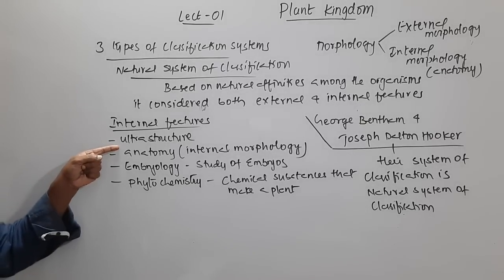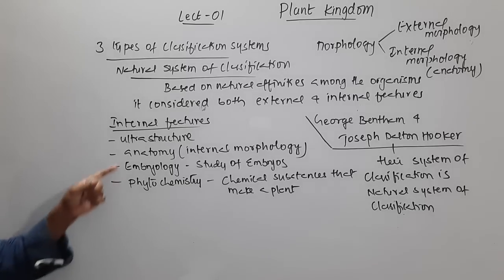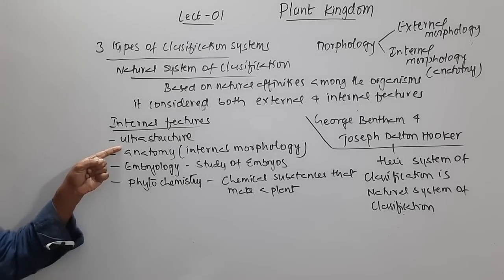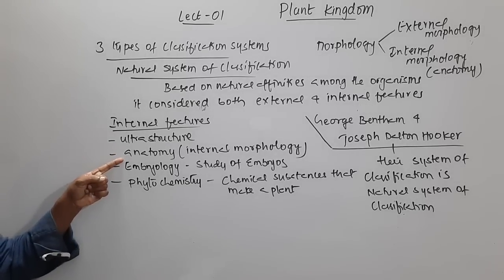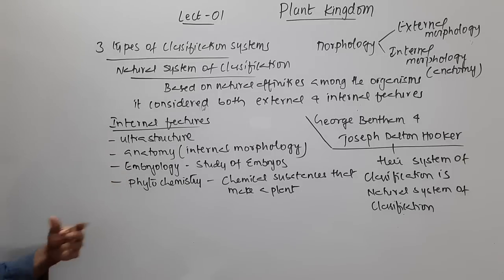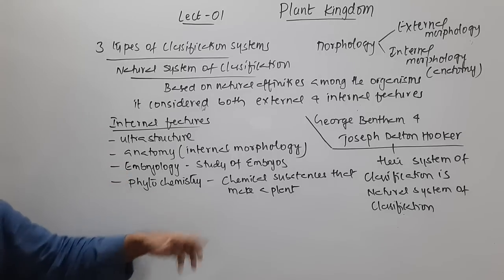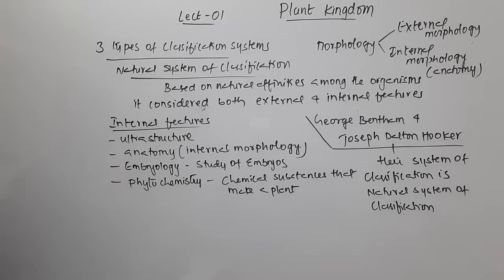So that is ultrastructure of the cell. What are all the cell organelles, the detailed structure of the cell, we call it ultrastructure. Then anatomy, we have taken the tissues, the cells, all that is anatomy. Then embryology, how embryo development takes place, all that comes under embryology. Phytochemistry is whatever chemical substances are present in the plant.